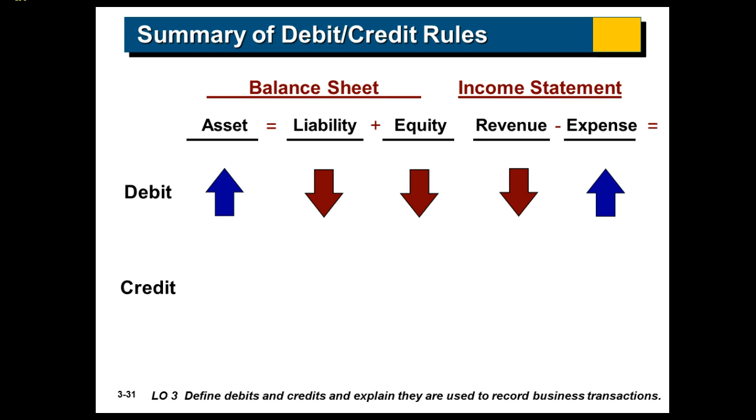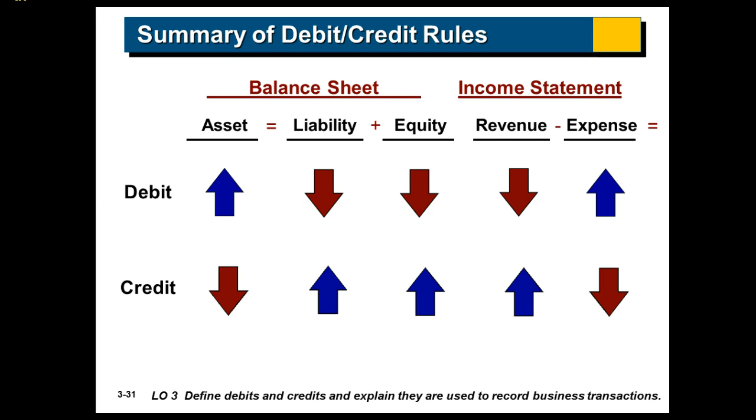Liabilities, equity, and revenues are decreased when we debit those accounts. So with assets and expenses, we're increasing those accounts with a debit. With liabilities, equities, and revenues, we're decreasing those accounts by debiting.